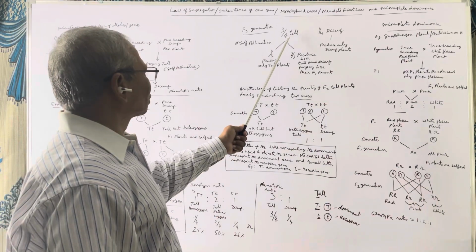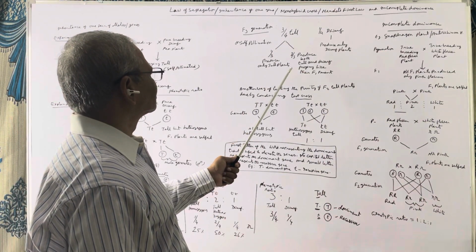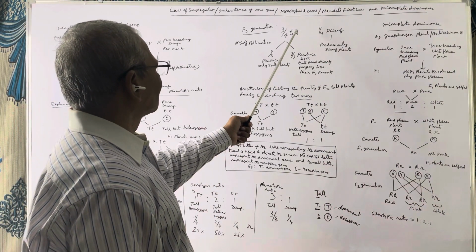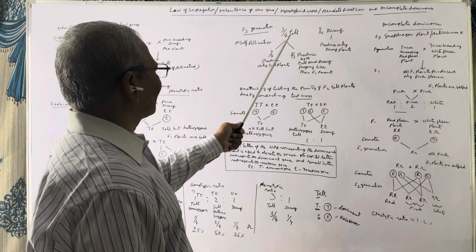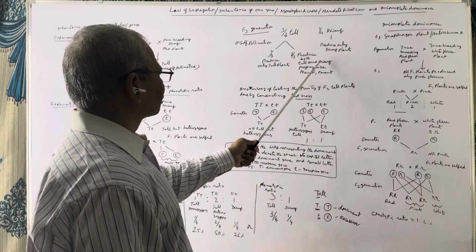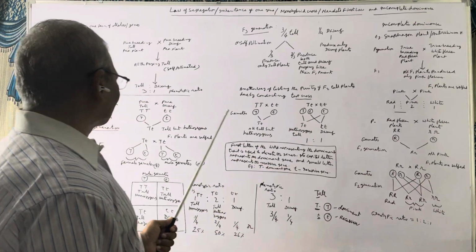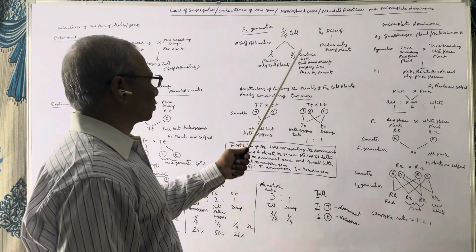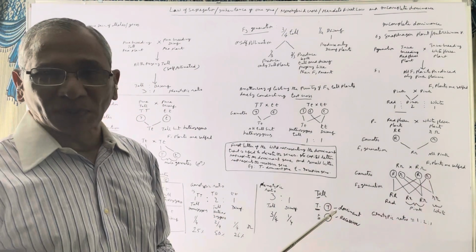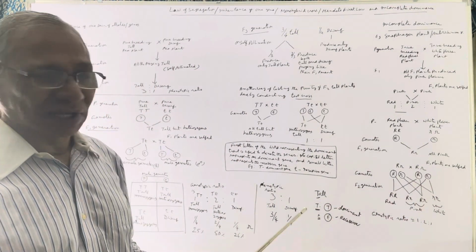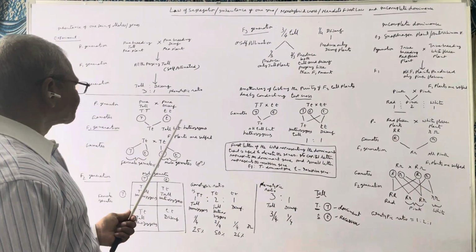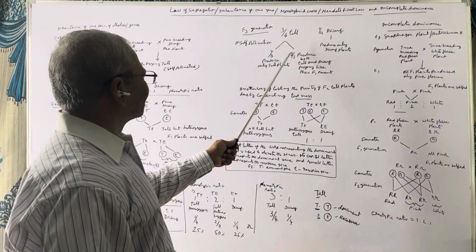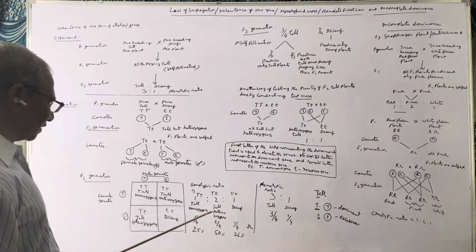Then 2/3 of these plants produced both tall and dwarf progeny like their F1 parent, in 3:1 ratio. And these results are similar to these results.